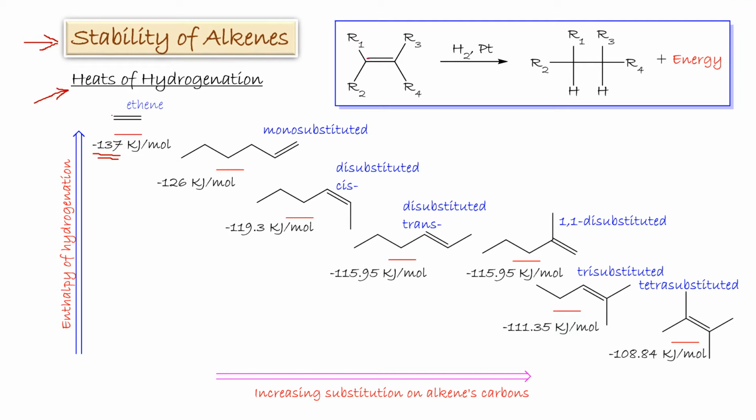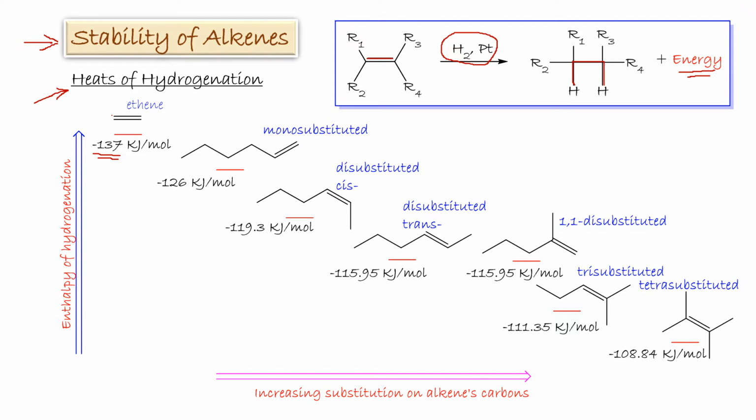So taking the alkene, double bond, hydrogen in presence of catalyst like platinum will transfer the double bond to a single bond and add 2 carbon hydrogen bonds plus heat. This energy we call heat of hydrogenation.